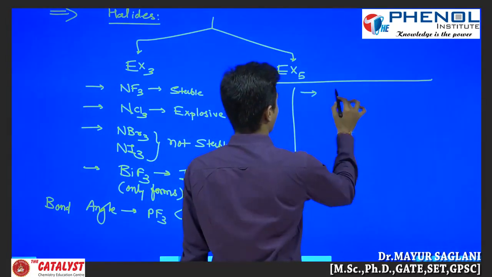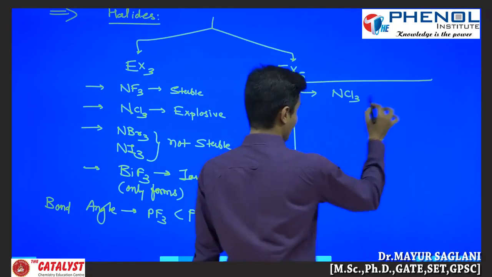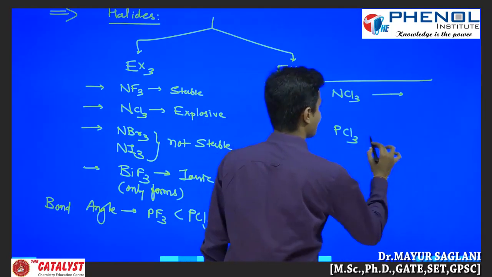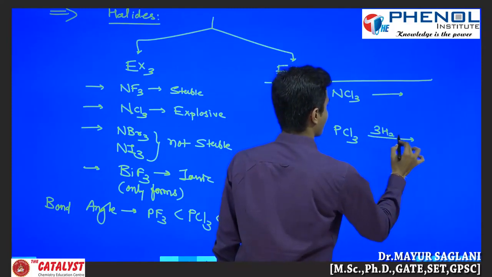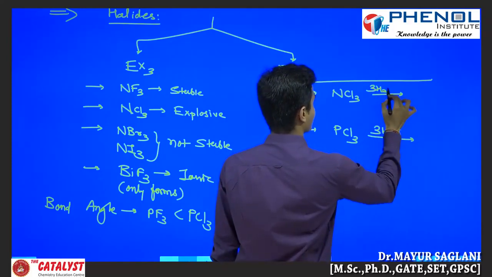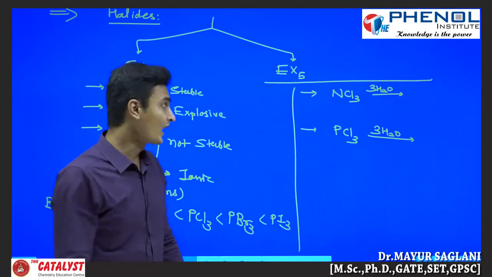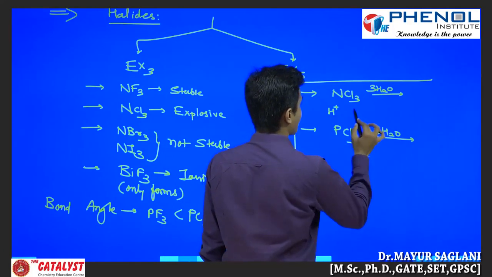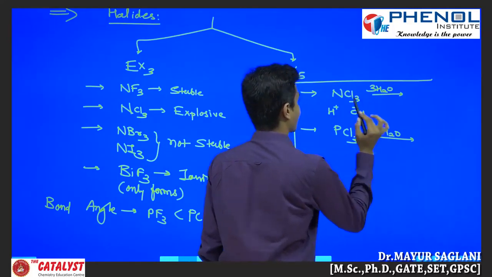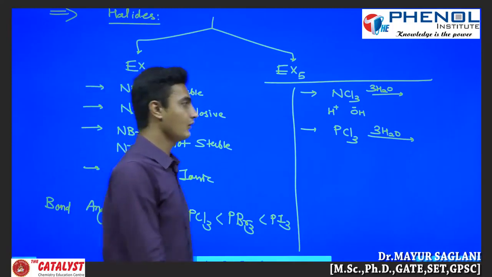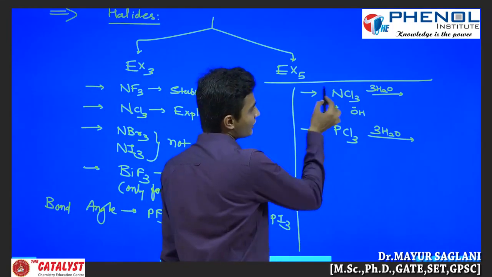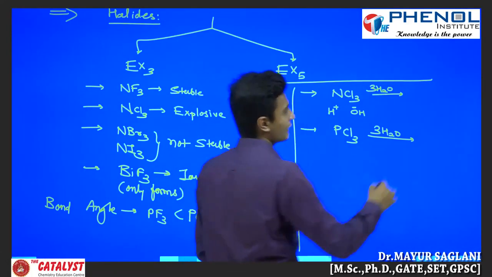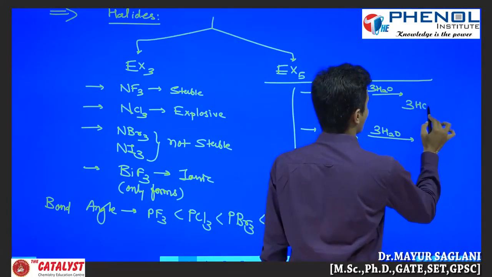If we hydrolyze NCl3 with 3 molecules of H2O, in H2O there will be an H+ ion and an OH- ion. Nitrogen will attach with the hydrogen and Cl will be attached with the OH, and it will form 3 HOCl.